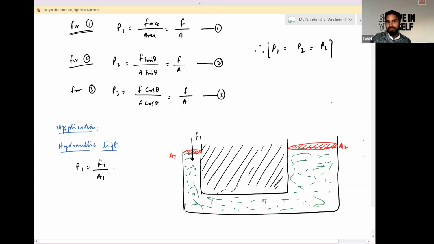According to Pascal's law, if a pressure is applied at any one end in an incompressible and enclosed vessel of non-viscous liquid, this pressure will be equally transmitted in all directions without getting diminished. So there will be force exerted F2 at this point.